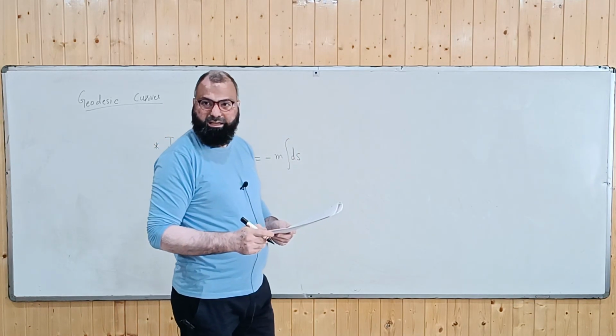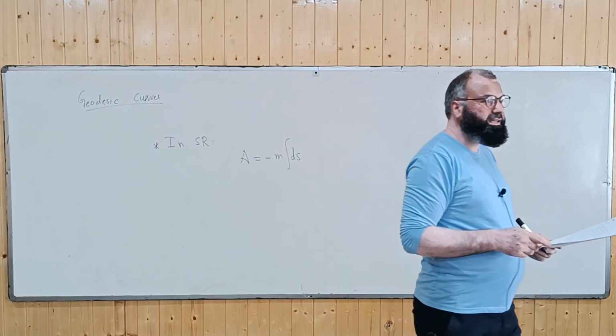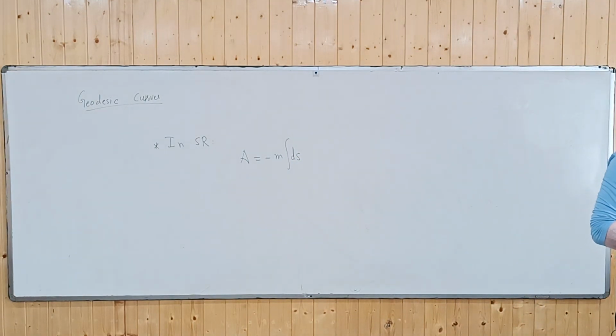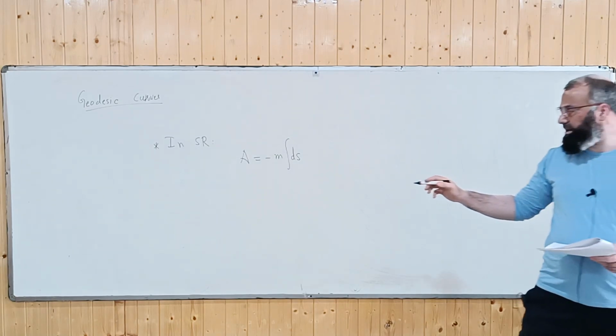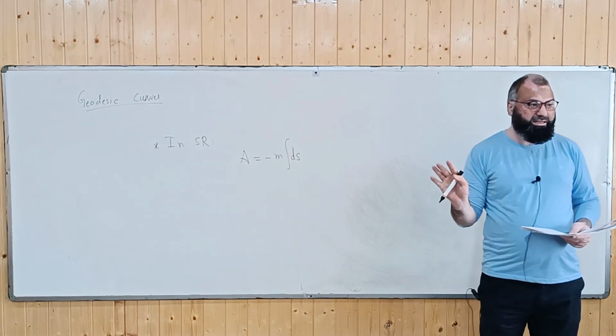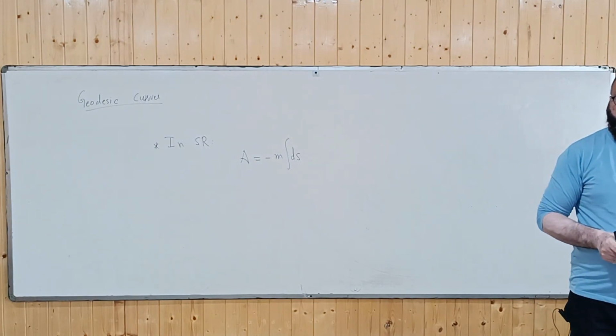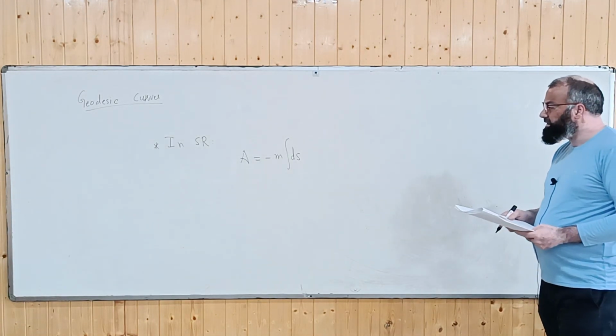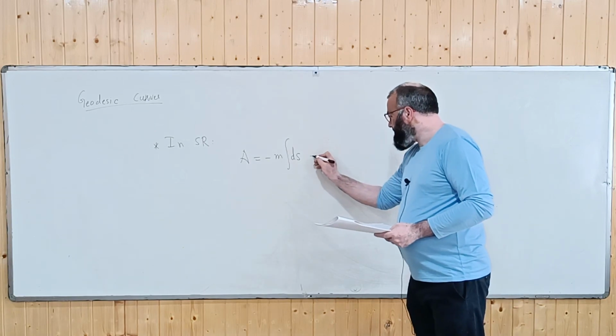Okay, ds is the line element, or you can use any kind of parameter here. Is that true? This is the action. c is equal to 1 here. It's actually mc ds, with c equal to 1. Okay, so now let's write it. What is the action?